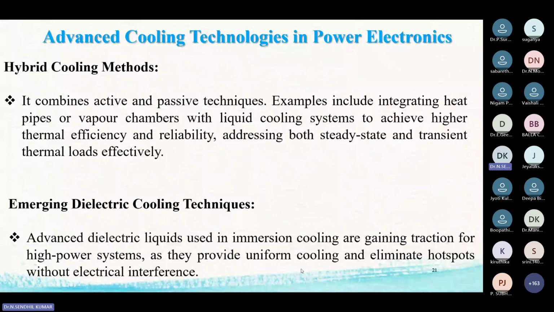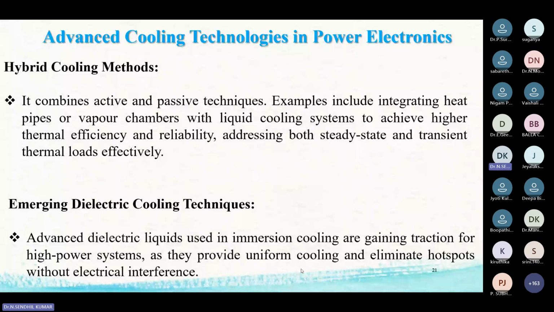It is like a hot coffee: you can immerse it in water and it will remove the heat. It is the same manner. Wherever a hotspot occurs, we have to use immersion, that is, the dielectric cooling technique, to remove the hotspots.